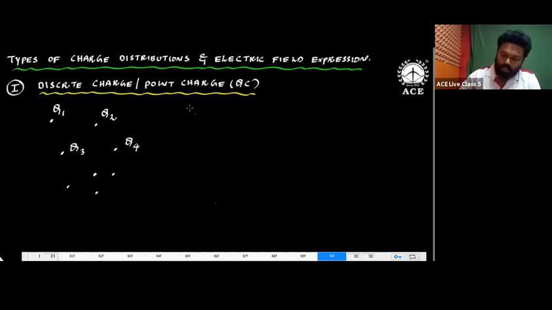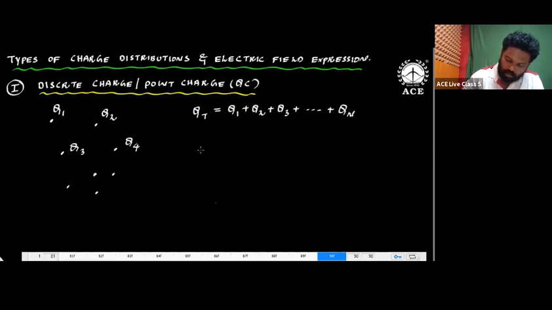How do you find out the total charge? Just summation. Q1 plus Q2 plus Q3, and so on, up to Qn. How do you find out the overall electric field E total?